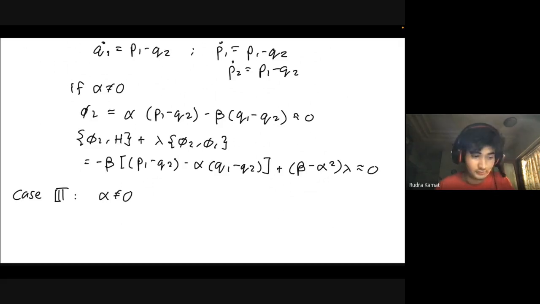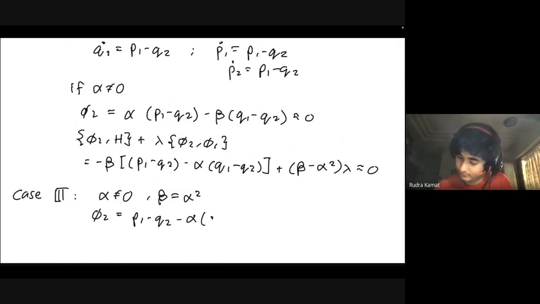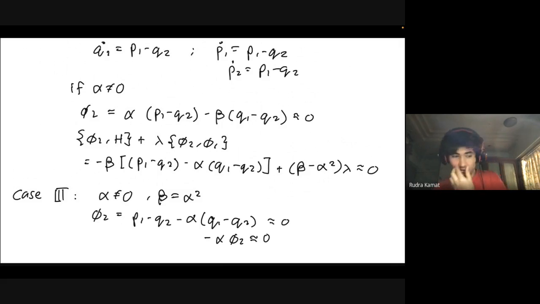Now the second last case, alpha non-zero, but beta is alpha squared. What that does is phi 2 then becomes p1 minus q2 minus alpha (q1 minus q2) is weakly zero. That just gives minus alpha phi 2 is weakly zero.